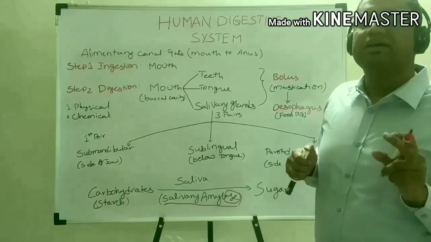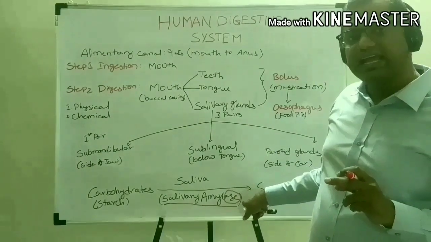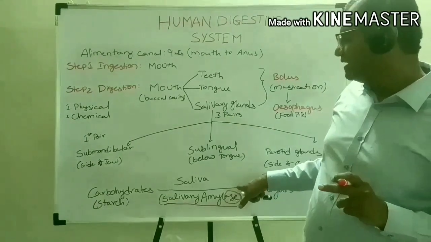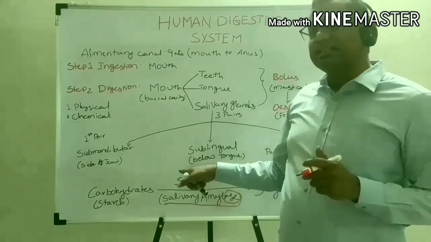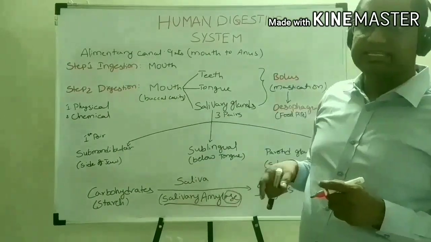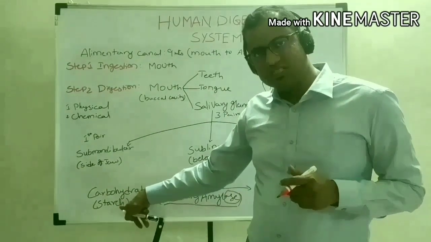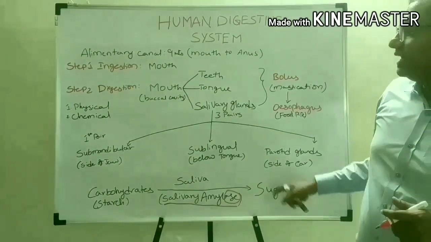Every enzyme ends with the term ASE. That is very important. Please keep this in mind so that you will never forget. The function of salivary amylase is breaking down complex carbohydrates or starch into simple sugars.